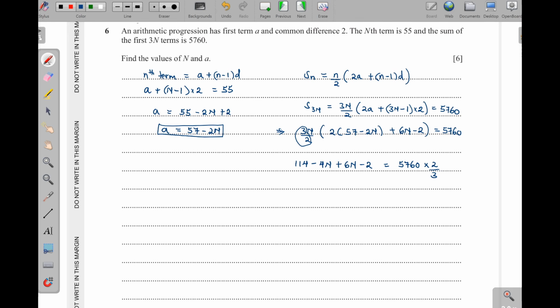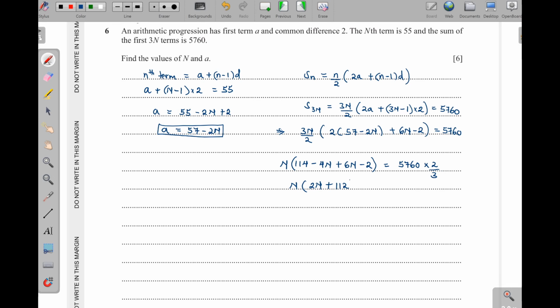I'm taking away this, okay? But the whole of this is multiplied by the n outside. Now, you have n here, and this is 6n minus 4n, that will be 2n. And then, what else? 114 minus 2, isn't that 112?